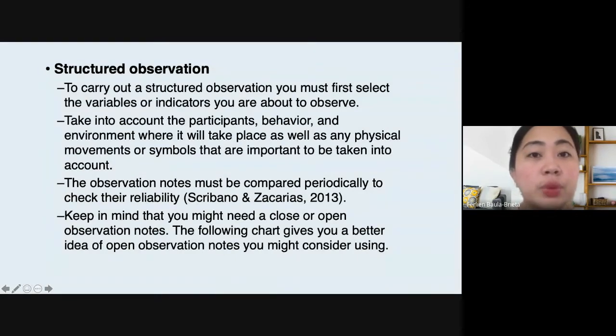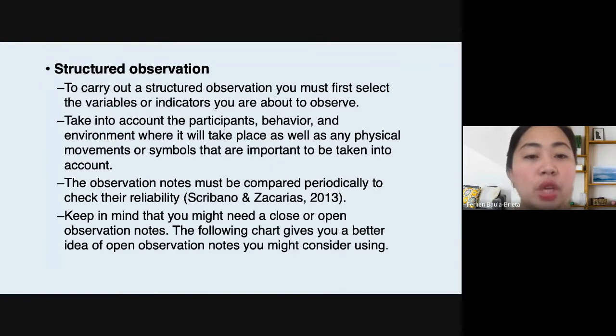That makes your observation structured. Take into account the participants also, their behavior, and the environment where it will take place, as well as any physical movements or symbols that are important to be taken into account.